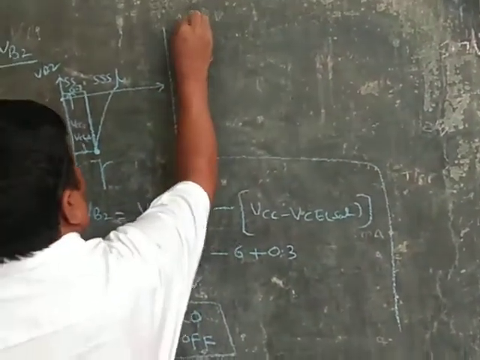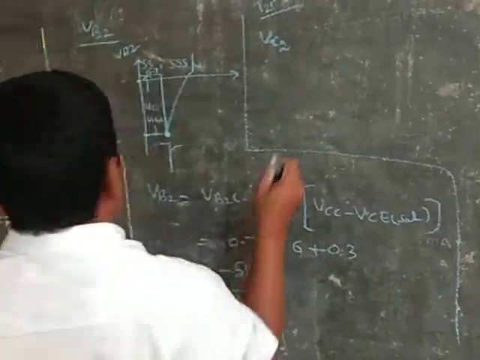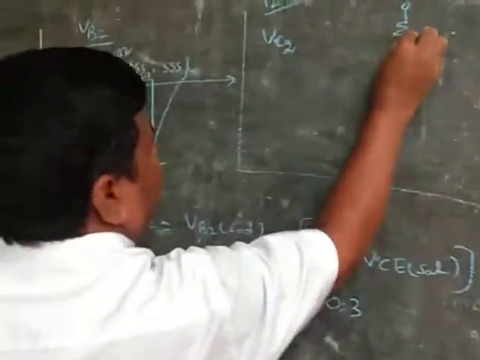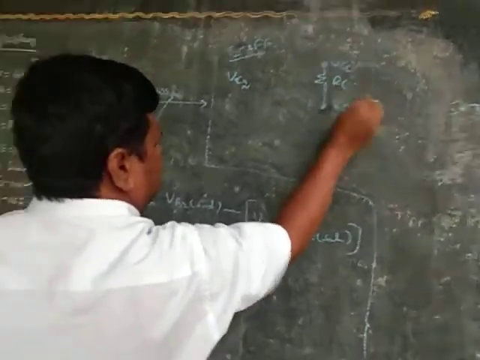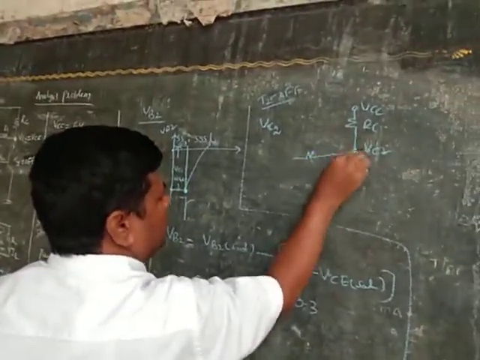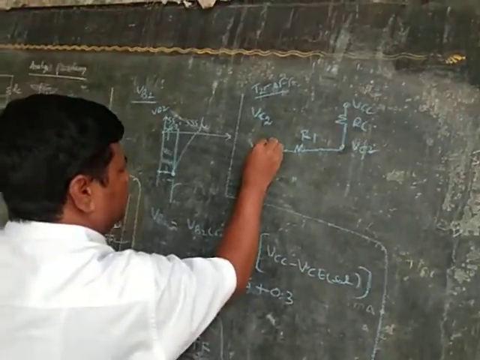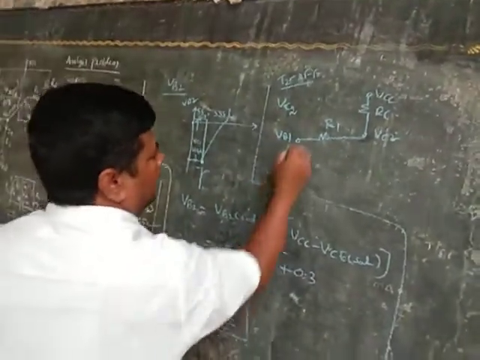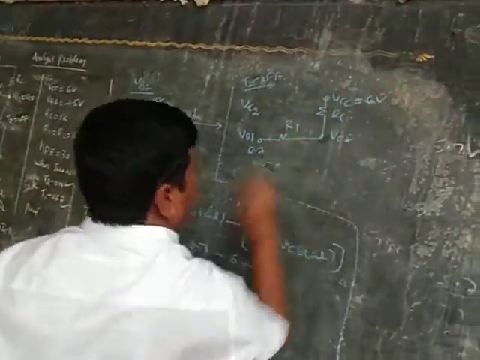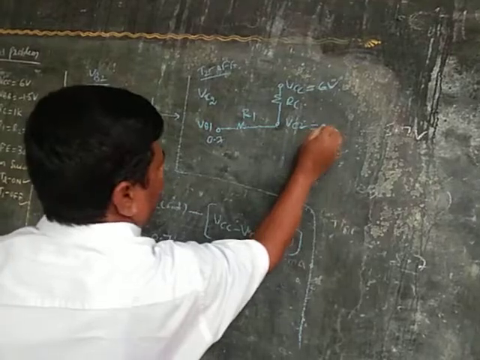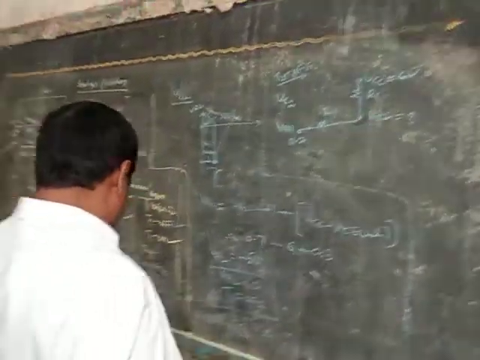But presently T2 transistor is off. Now the network is: this is VCC, RC, this is VC2 and this is R1. Now this is VB1. This voltage 0.7, this voltage 6 volts. Now find VC2. Then apply superposition theorem.